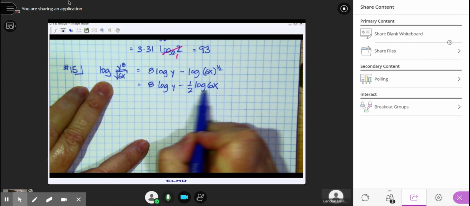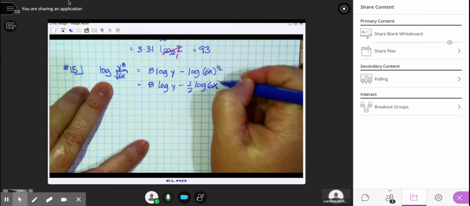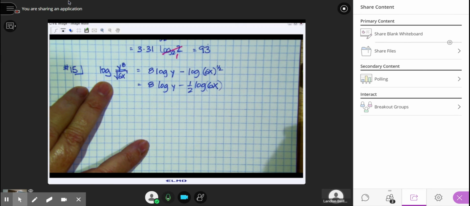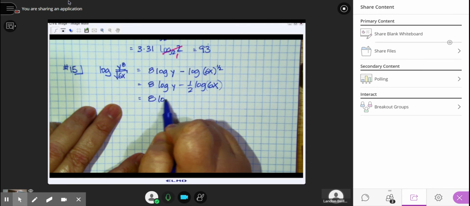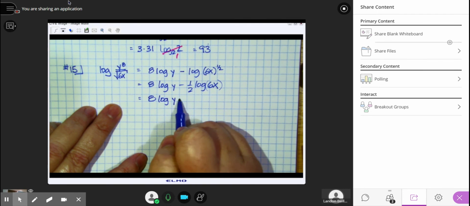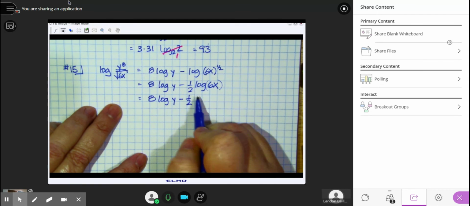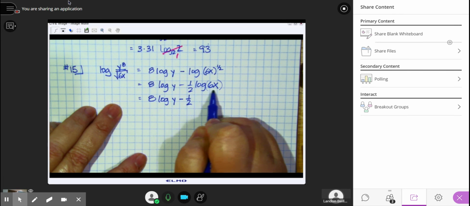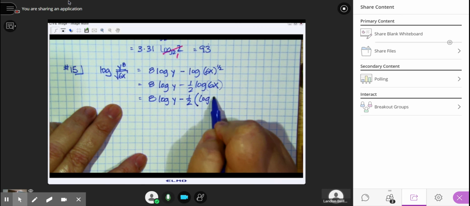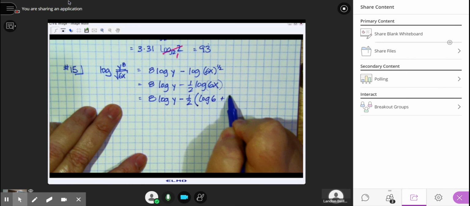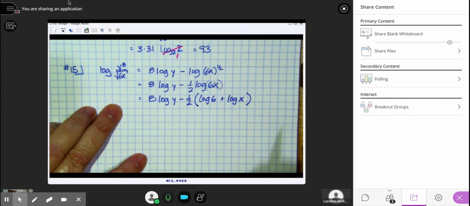And we would do that first, keeping both the 6 and the x intact together. Now, this portion would split log 6 plus log x.